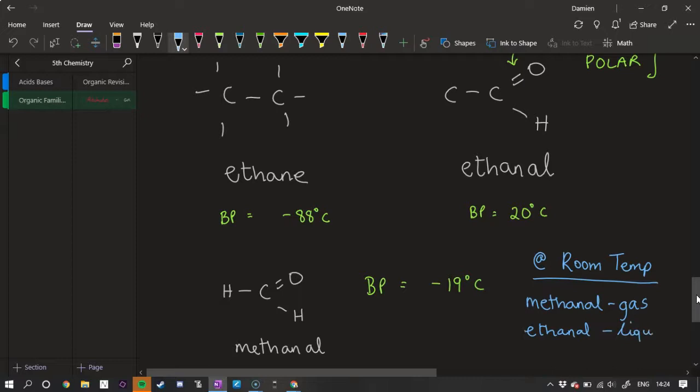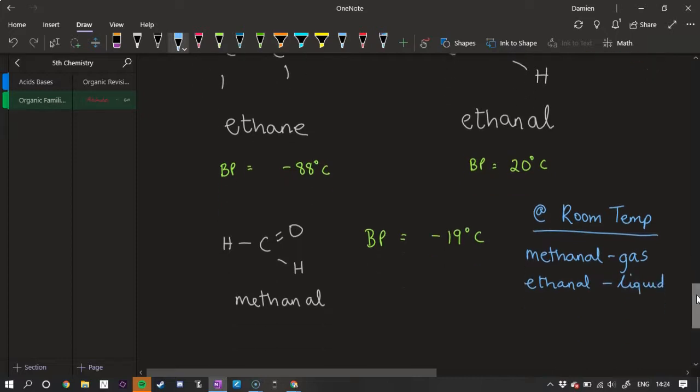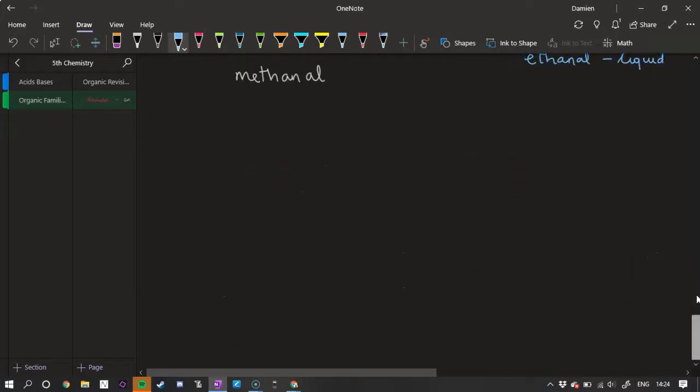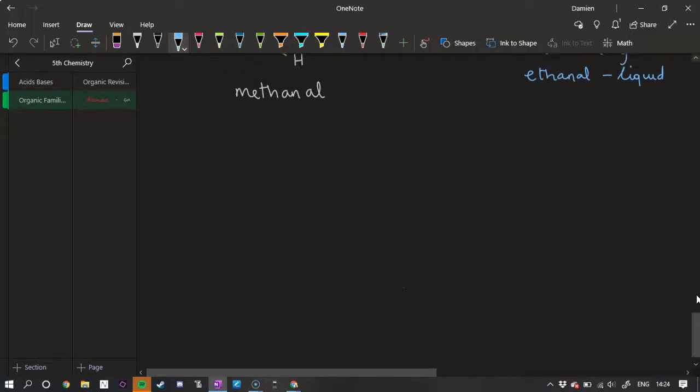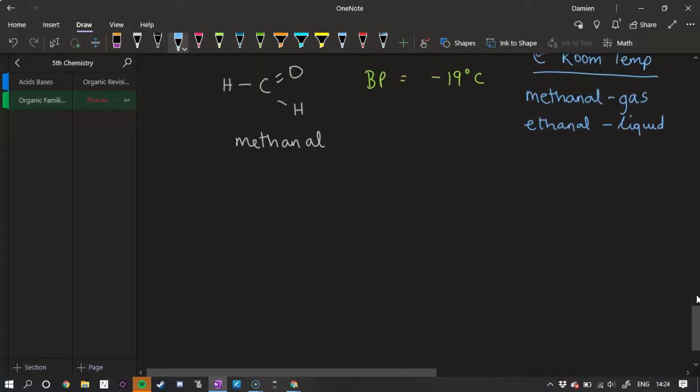And in general, the rest of the aldehydes that we're looking at would also be liquids. So if you continue on to propanal, and you continue on to butanal, and so on and so forth, these are all liquids. So that's boiling point discussed.